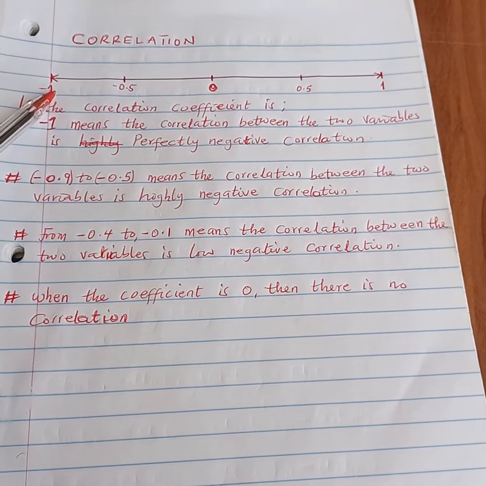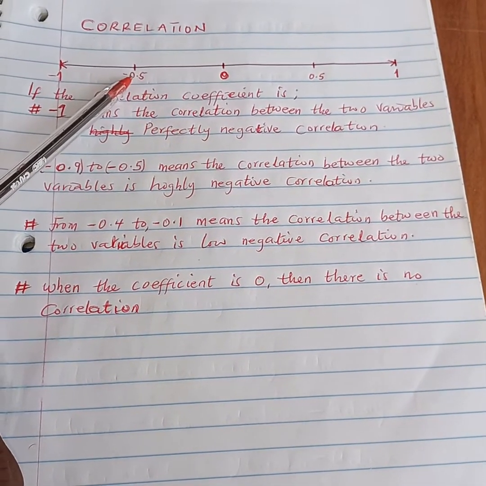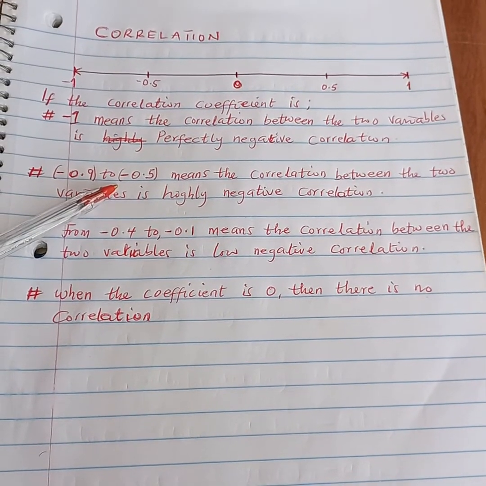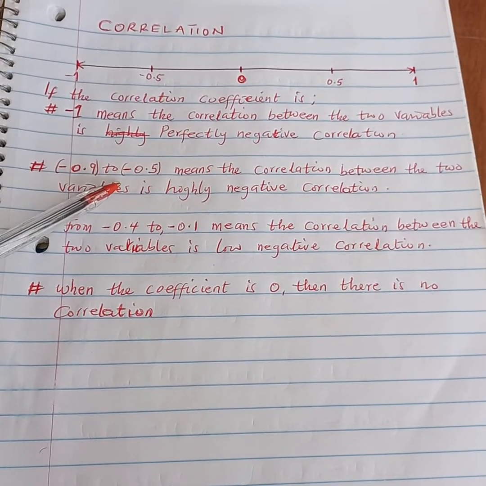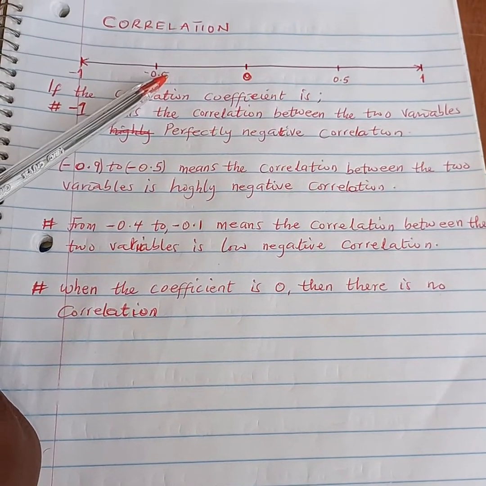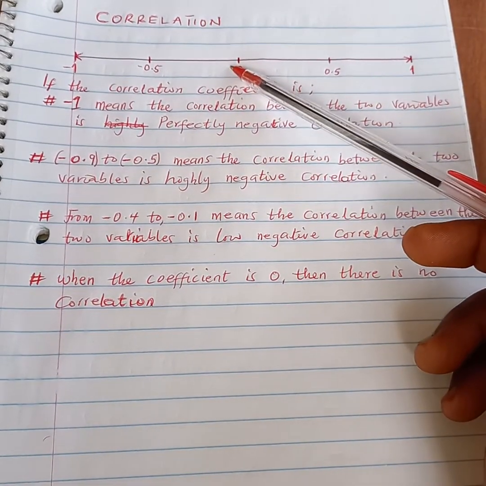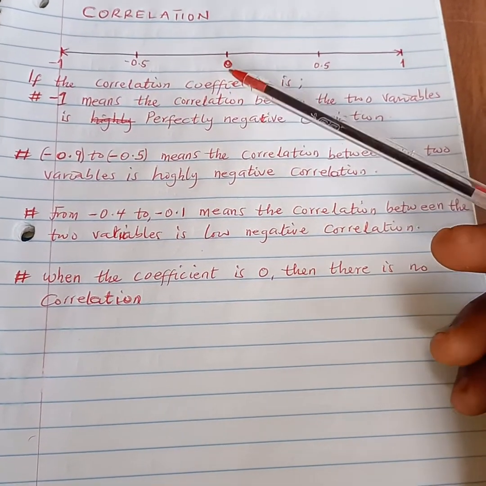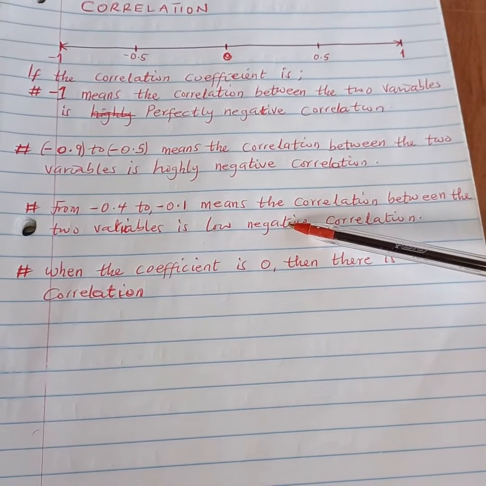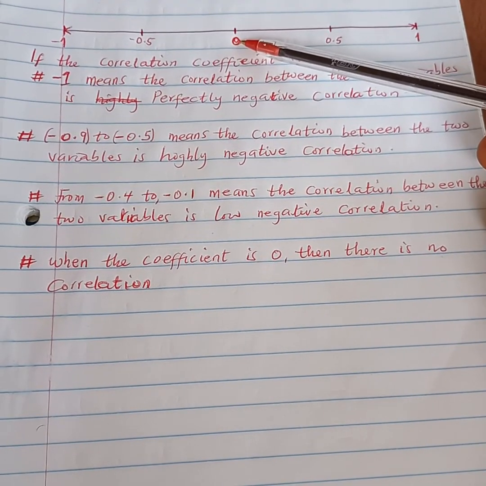If it is between -0.9 and -0.5, then the correlation is highly negative correlation. But when it is -0.4 to -0.1, then it is what? Low negative correlation. And when it's 0, it means there is no correlation.